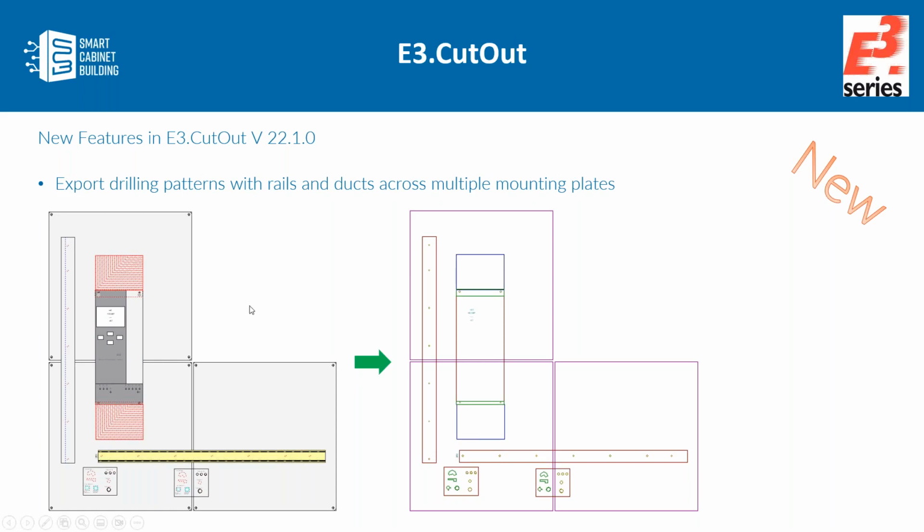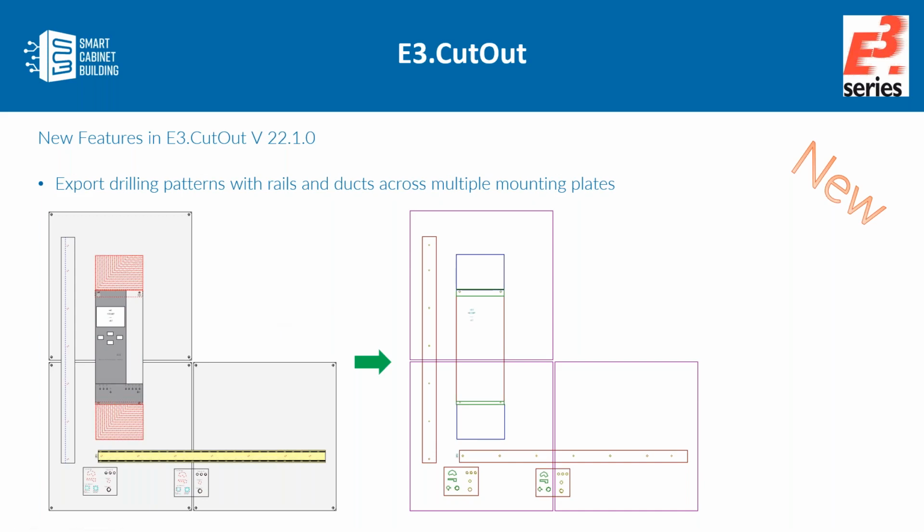So you can select such a mounting plate in your panel, and it is independent if there are components or rails or ducts or something else overlapping those mounting plates. They are all drawn or exported in this DXF file correctly, and not more and not less.